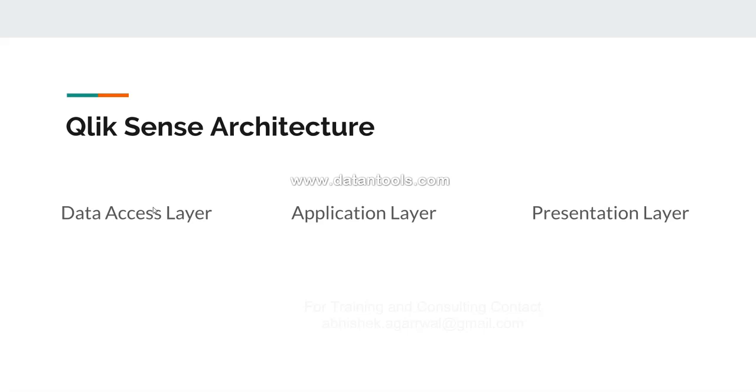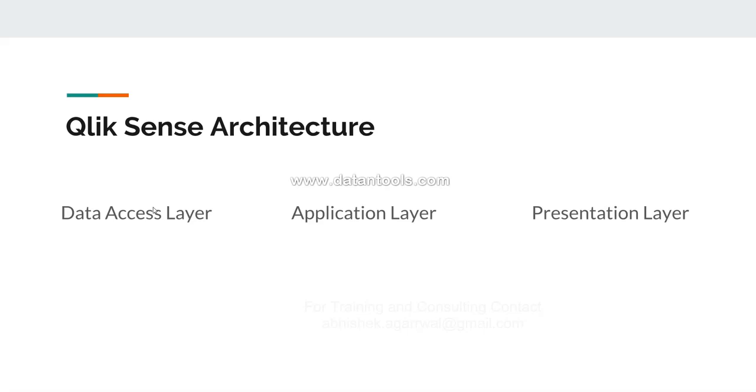The second layer is the application layer, where mostly your administrators and the data architects, or people who are responsible for producing the right data modeling, which is kind of the heart of your Qlik Sense application, will do the work, which requires a lot of scripting.